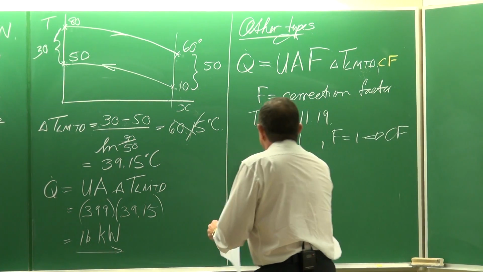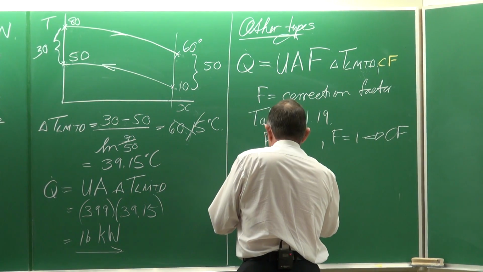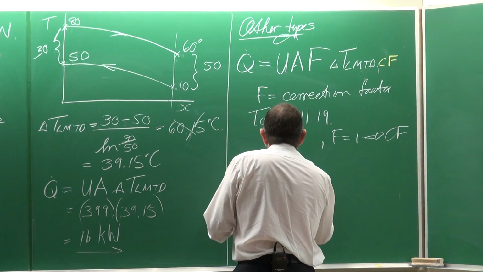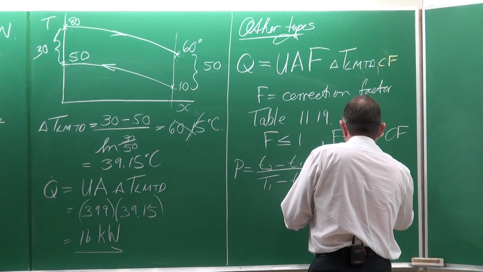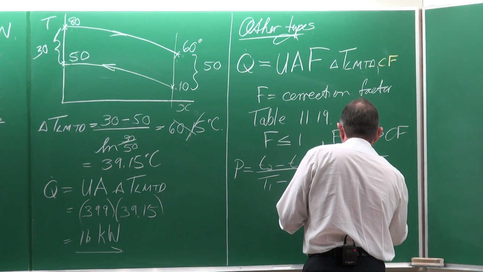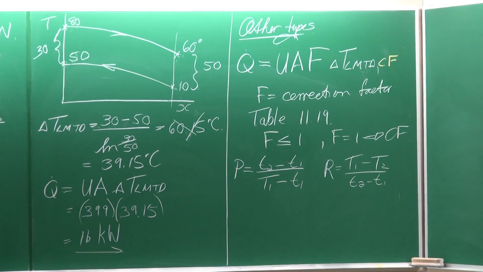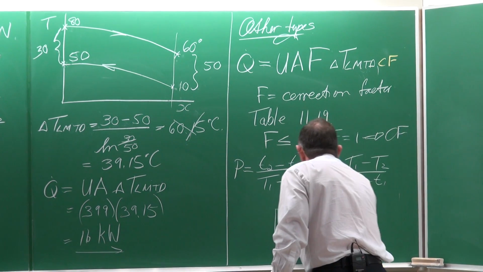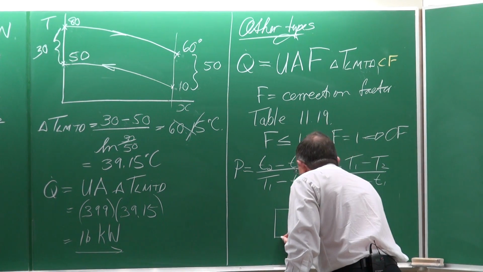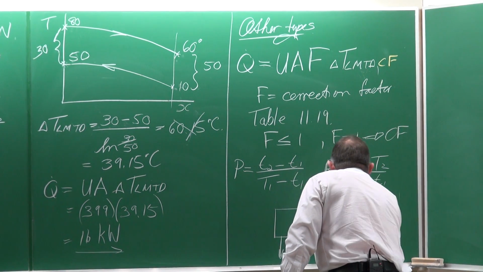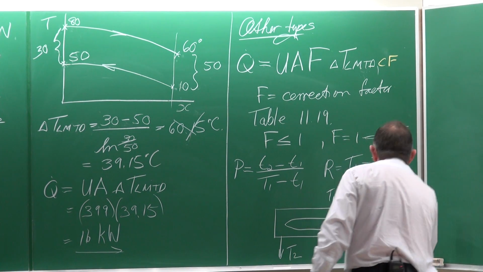And it gives typically the value of P, t2 minus t1, divided by T1 minus small t1, and R is equal to T1 minus T2 over t2 minus t1. So, in the sketch that we've typically looked at, schematically, that was T1 and that was T2, and typically like that, and that is t1 and that is t2.